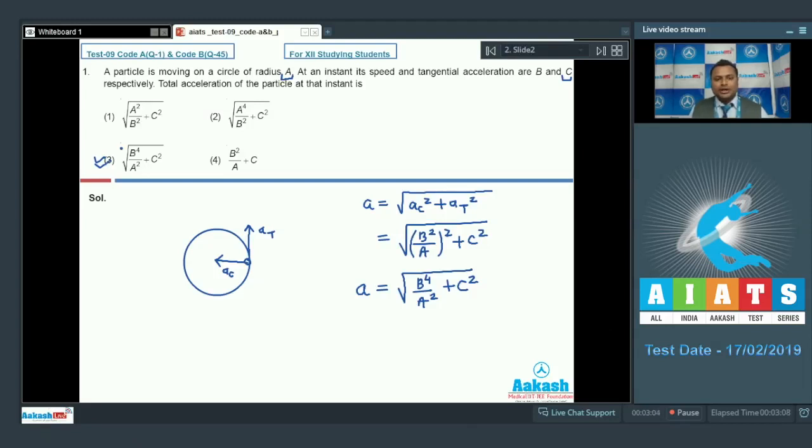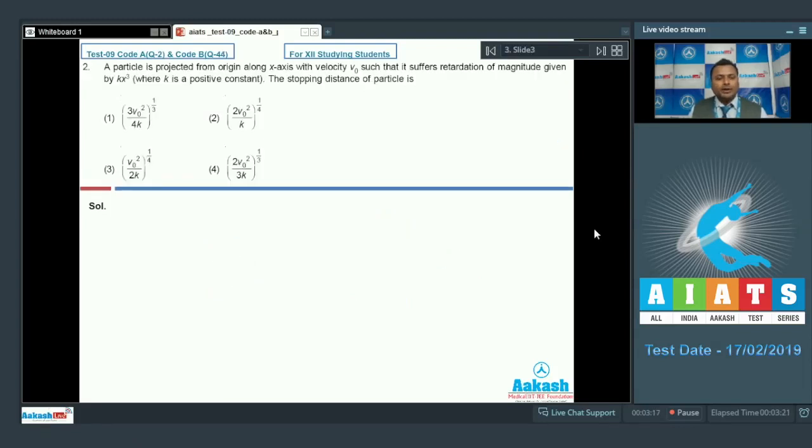Now let us proceed to the next question, that is question number 2. A particle is projected from the origin along the x-axis with velocity v0 such that it suffers retardation of magnitude given by kx cubed, where k is a positive constant. The stopping distance of the particle will be what?